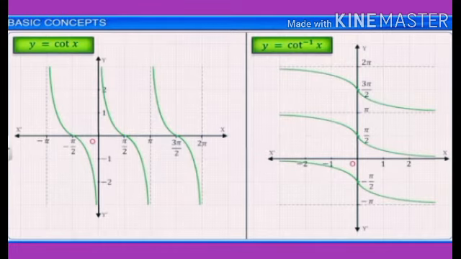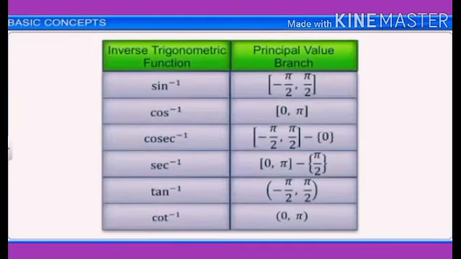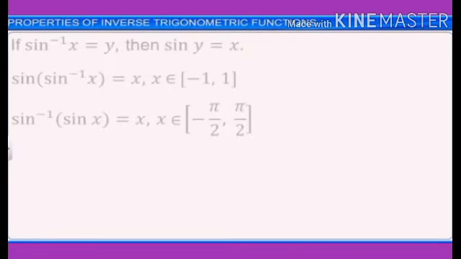The value of an inverse trigonometric function, which lies in the range of the principal branch, is called its principal value. This table summarizes the principal value branches of all inverse trigonometric functions. Before we begin a discussion on the properties of inverse trigonometric functions, let's quickly revise what you have learned so far. If sine inverse x is equal to y, then sine y is equal to x.